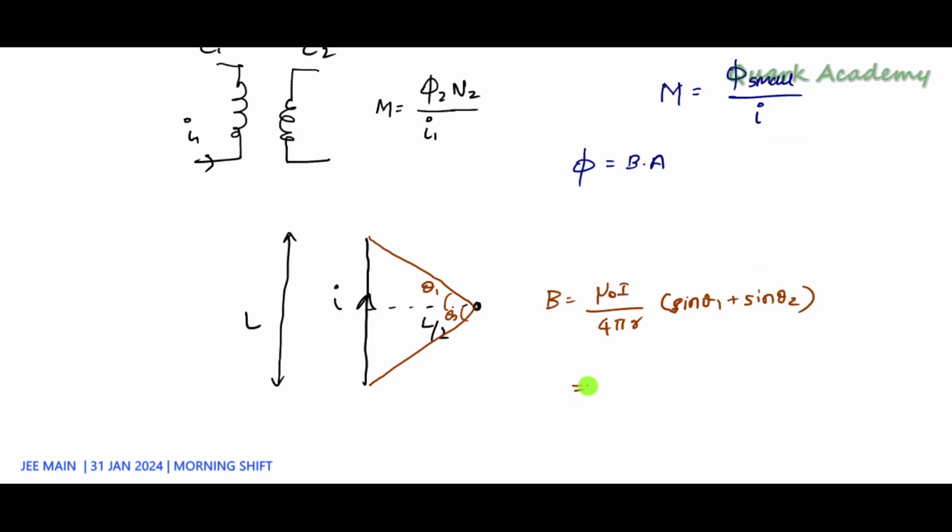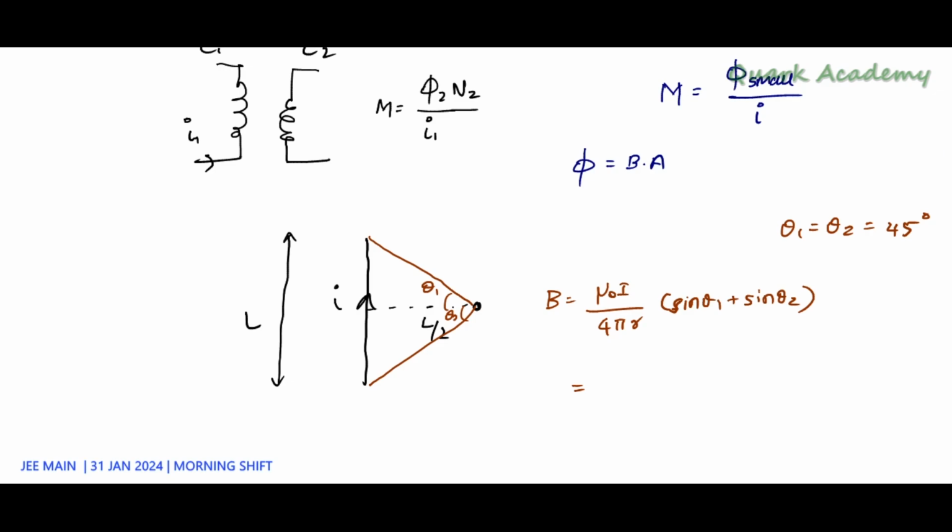In our case, theta 1 equals theta 2 equals 45 degrees, and r is equal to L by 2. Since it is a square, things are a little simpler. And this is the magnetic field due to only one side.